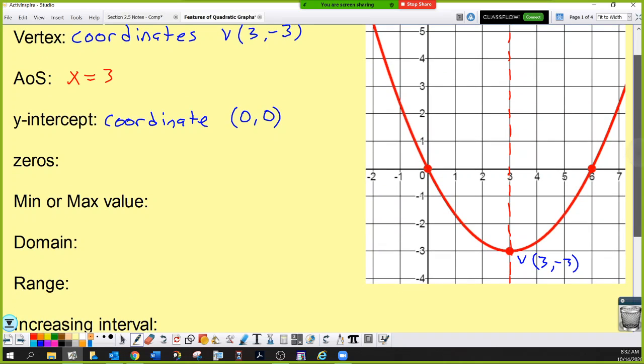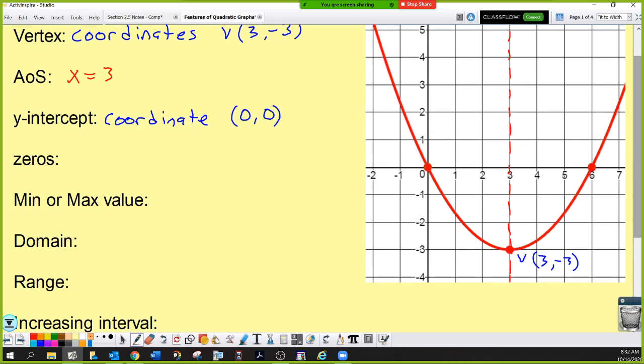So we're just looking at our graph. The zeros are the places where you cross the x-axis. So I'm going to say that these are coordinates, and they are the x-intercepts. So saying the word zeros is just another way of saying the x-intercepts. Mr. M, why do we call them zeros? Because those are the places where y equals 0. Because when y equals 0, you're on the x-axis. But that's why we call them the zeros.